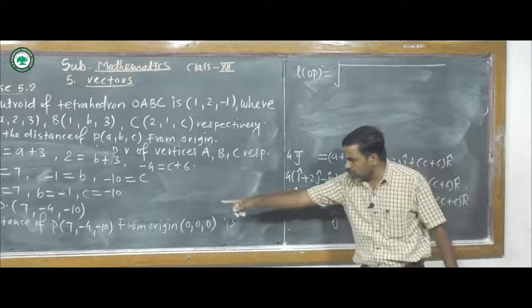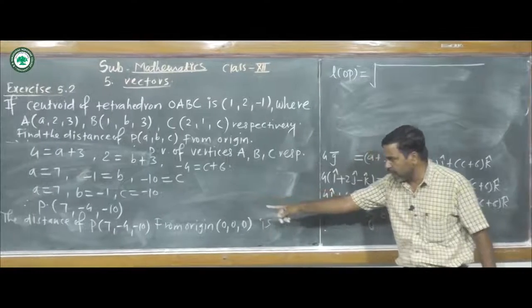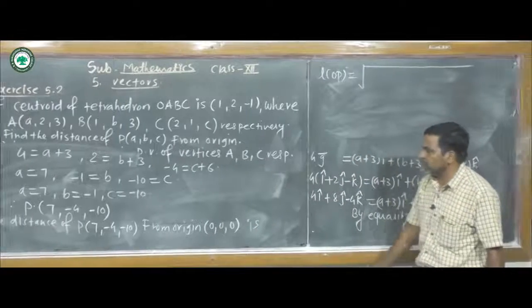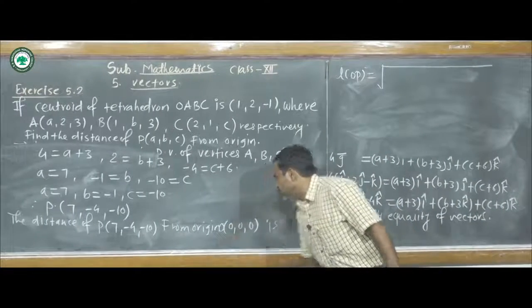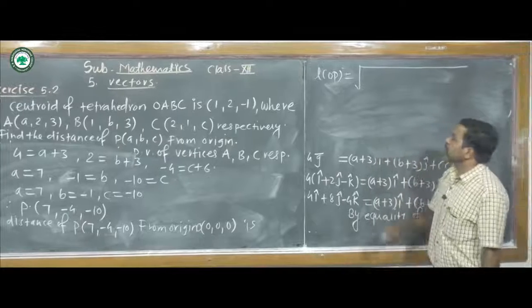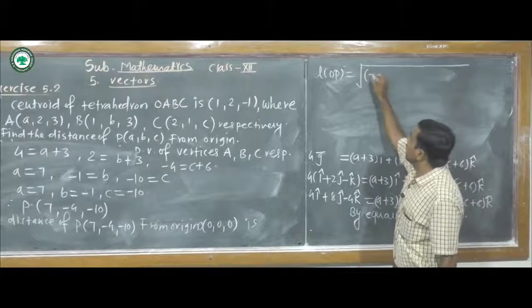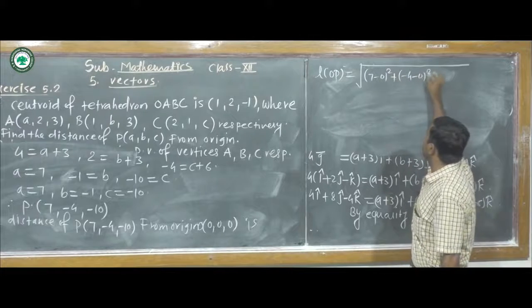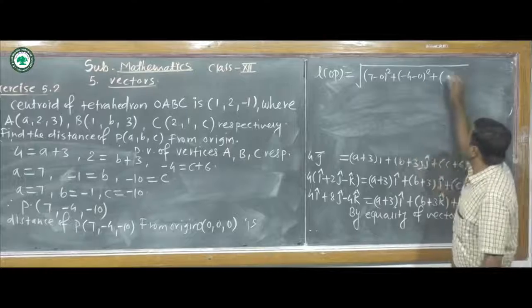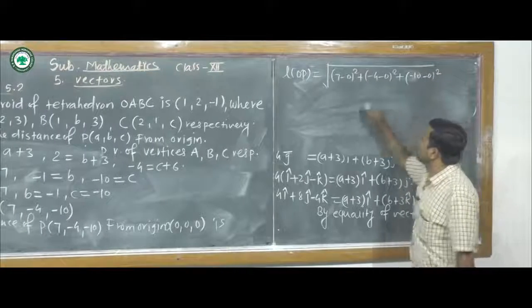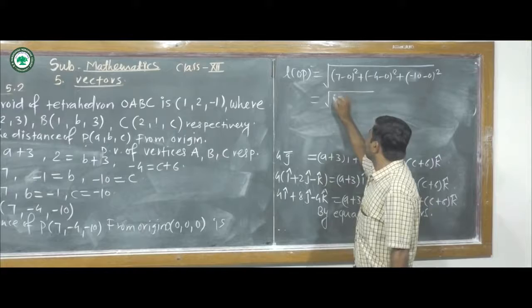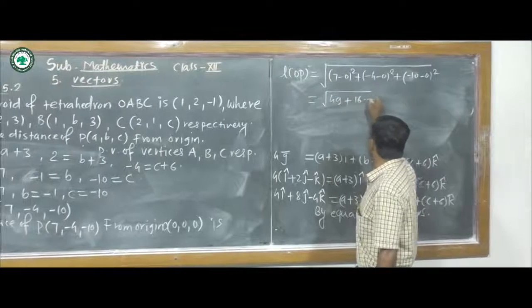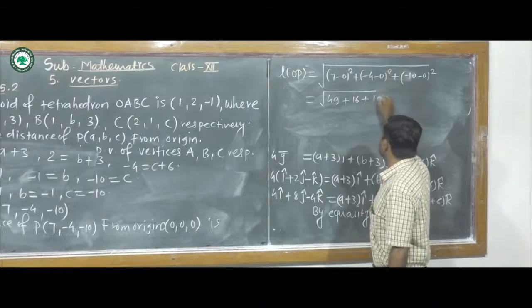See here, 2 points are P 7, minus 4, minus 10 and the second point is 0, 0, 0, that is origin O. So it is 7 minus 0 bracket square plus minus 4 minus 0 bracket square plus minus 10 minus 0 bracket square. So it is equal to square root of 7 square, that is 49, plus minus 4 square, that is 16, plus minus 10 square, that is 100.